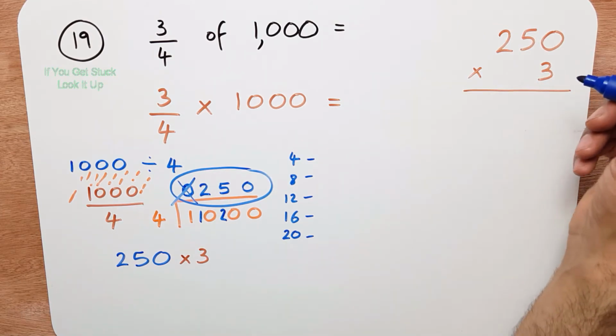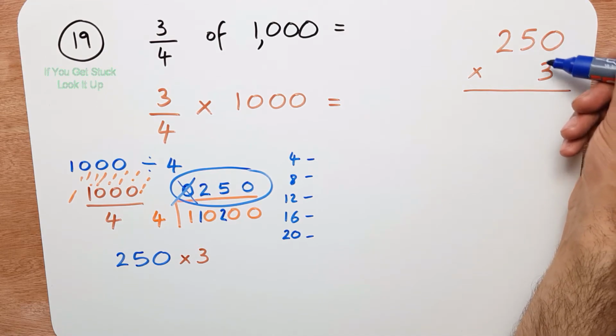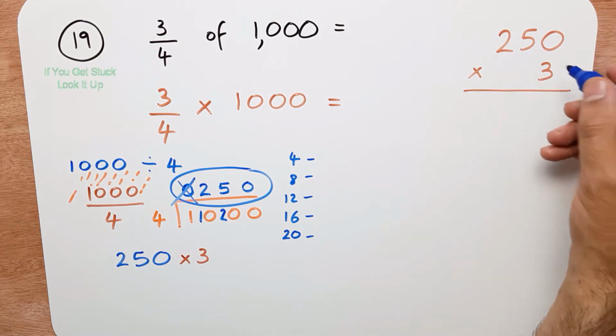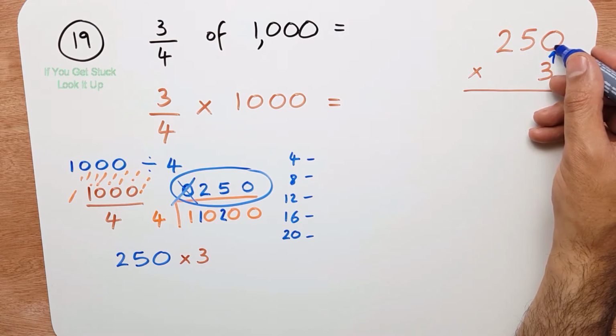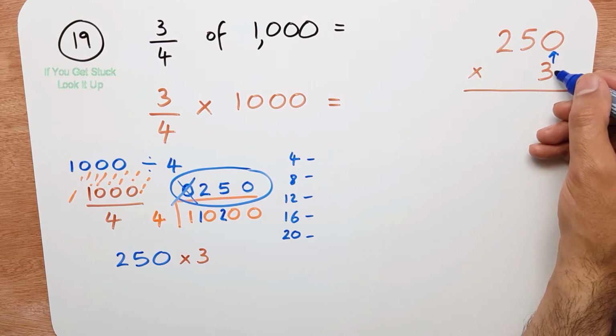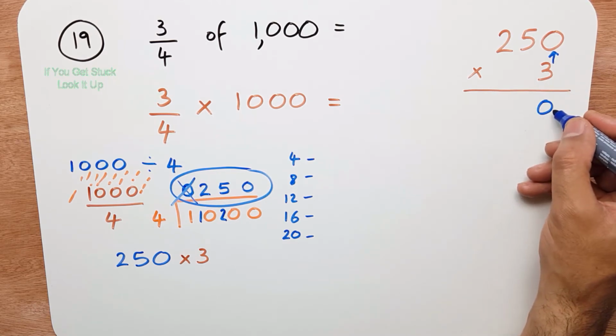We need to multiply the 3 with every digit above. Our first step is 3 times 0. Be careful, 3 times 0 is not 3, it is 0.